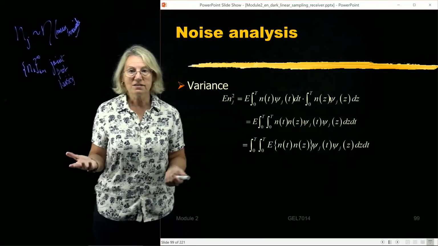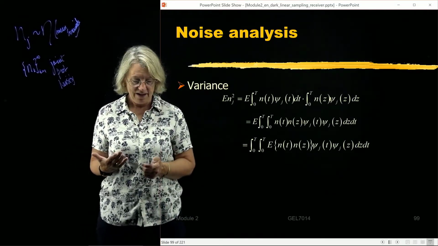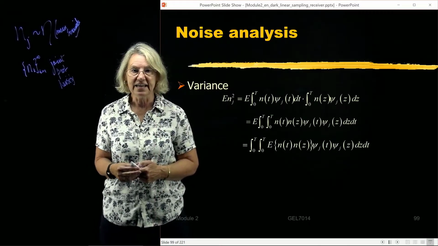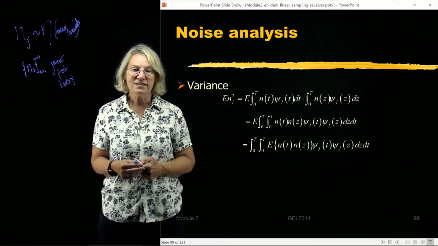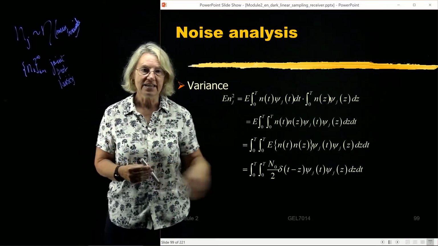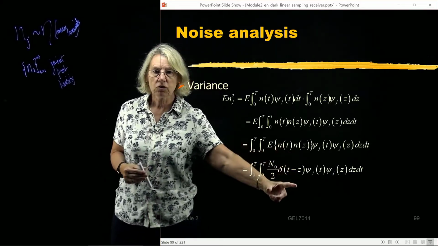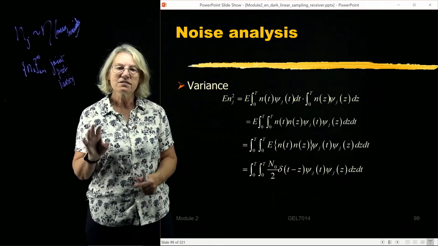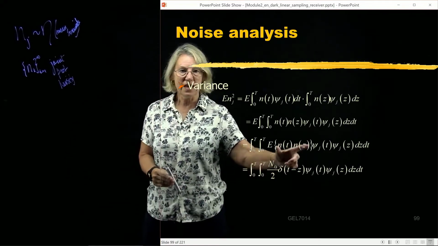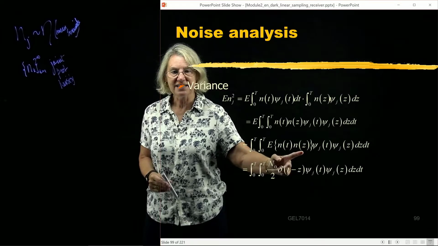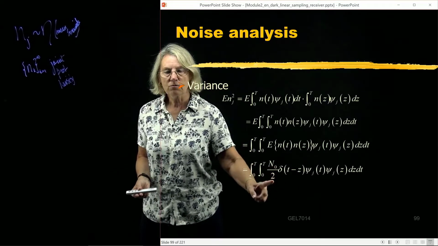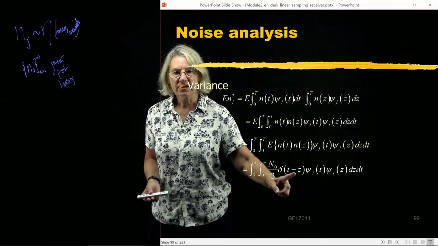Okay, now this is the part you have to think a little bit about, and you say, what is the expected value of n(t) and n(z)? Well, that is the same thing as the correlation of n(t) and n(z), and we know that the autocorrelation function is a delta function, so that the expected value of the product of n(t) and n(z) is the autocorrelation function, and therefore it's N0 over 2 times the delta function of t minus z.